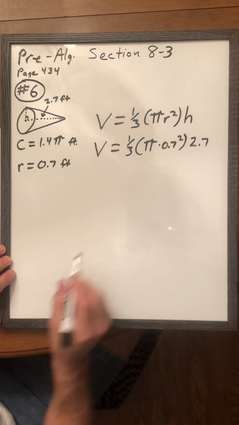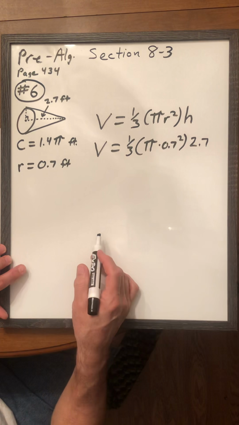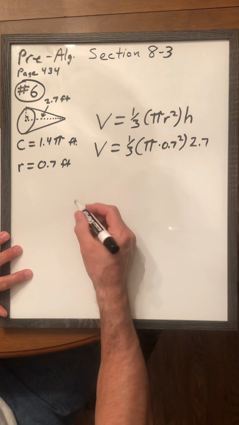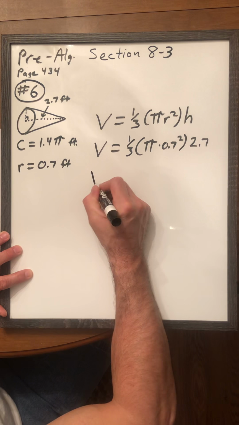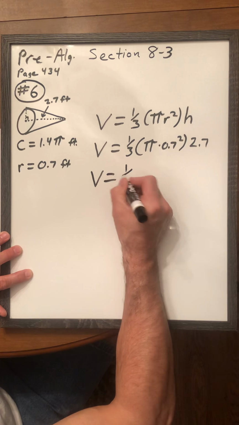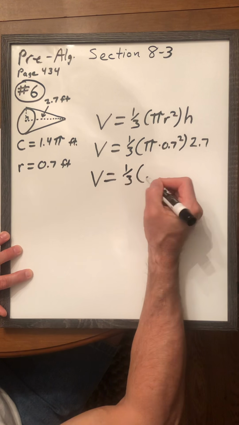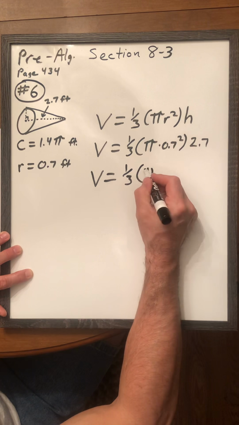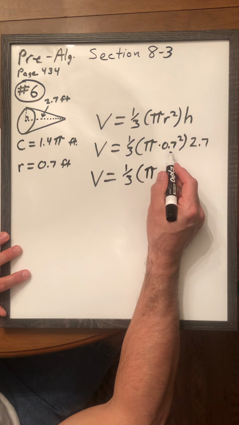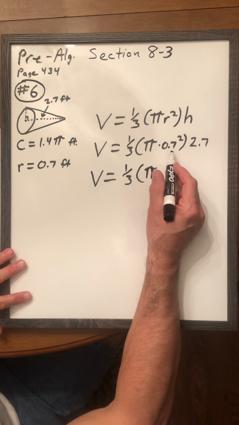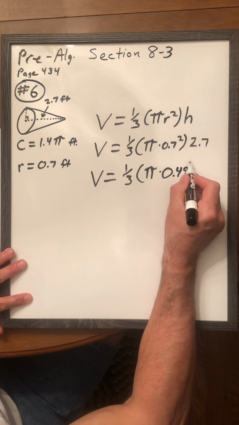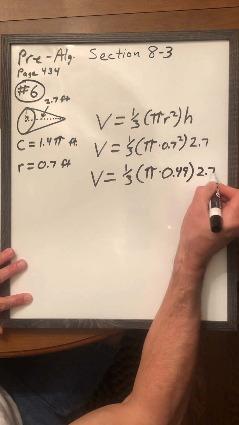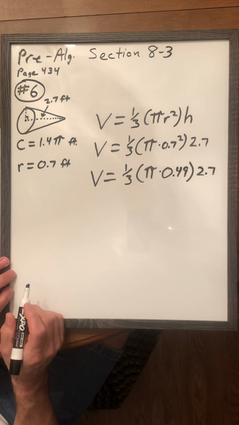So now I've got my radius plugged in. I've got my height plugged in. We're leaving pi in there because they want the answer in terms of pi. So now we go to simplify. This will be 1/3, and we still have the pi symbol. 0.7 times 0.7 is going to give me 0.49. And then we have our height, which is 2.7.